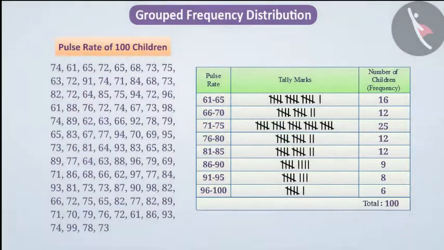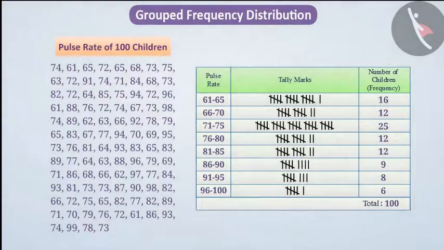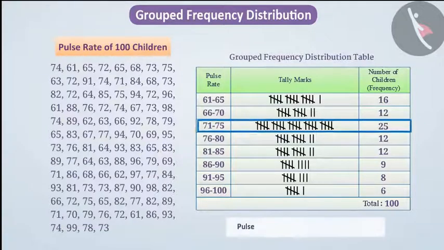That means, what is the frequency of each class interval? This type of table in which the data is grouped or organized by grouping is called a grouped frequency distribution table.